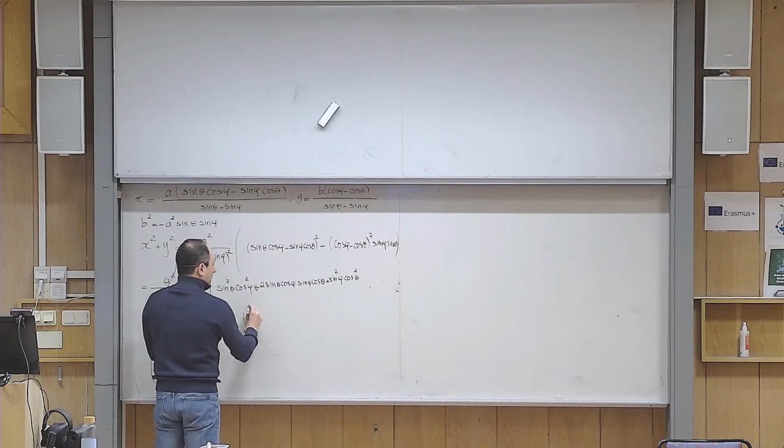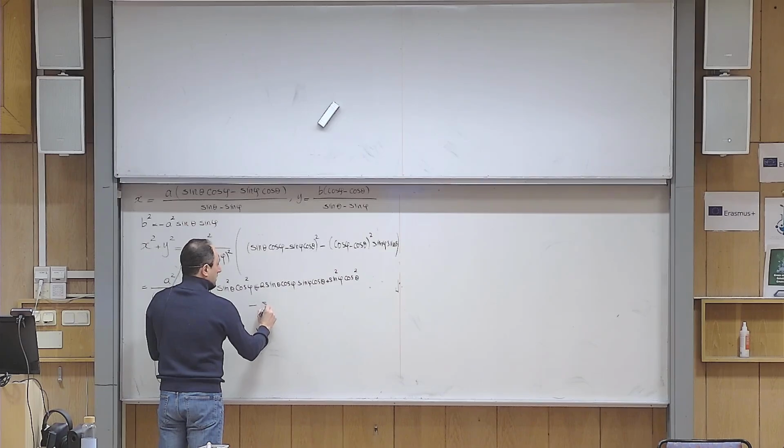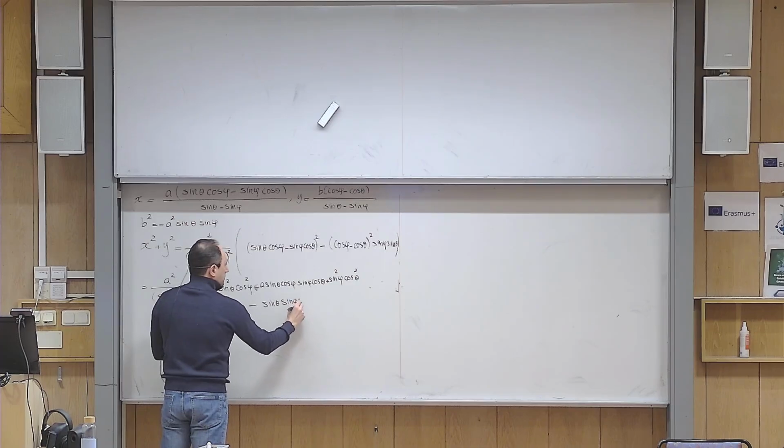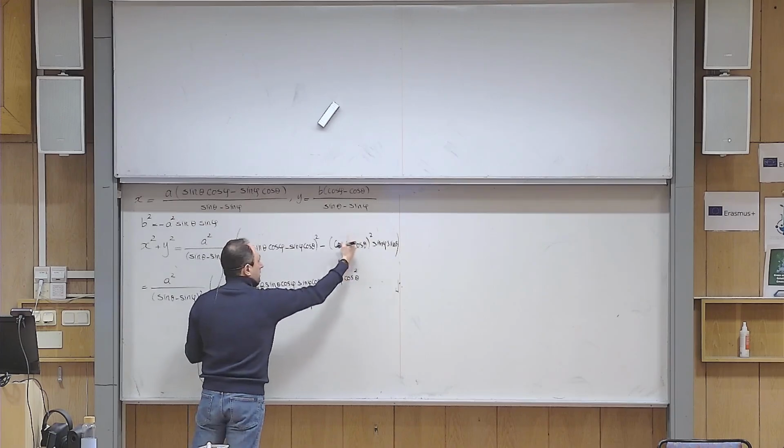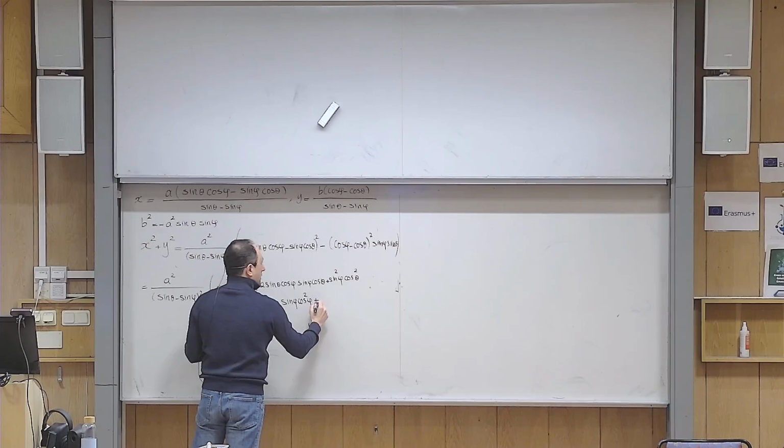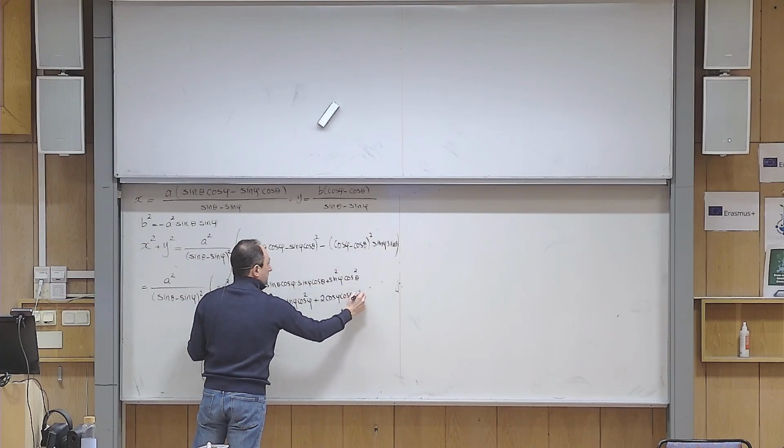So it becomes minus sine theta sine phi cosine phi squared. The next one becomes minus 2 times the first one times the second one. There is a minus, it makes it plus. So it becomes 2 cosine phi cosine theta, but you should also multiply it by that.